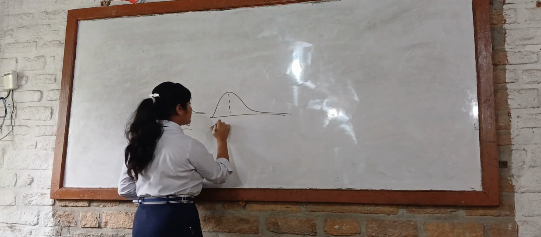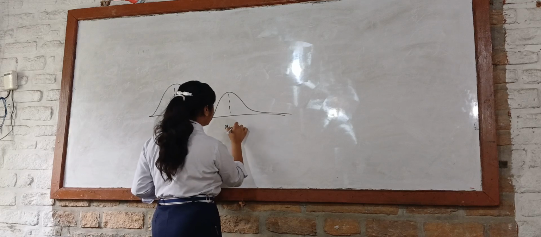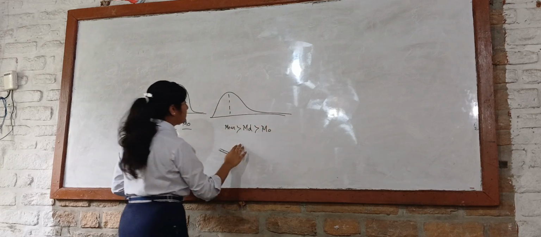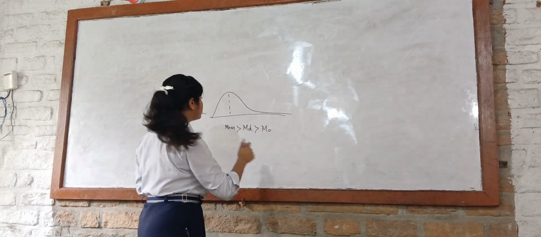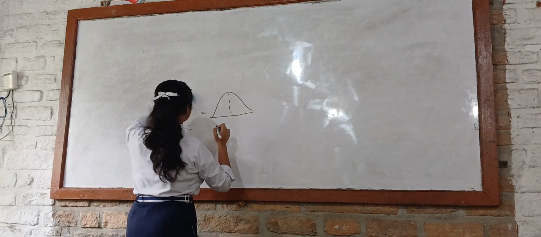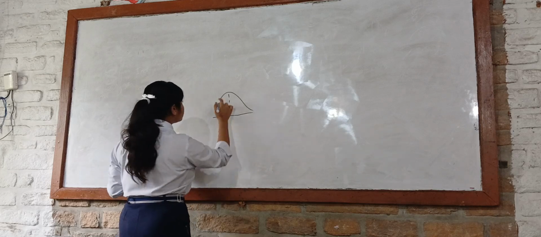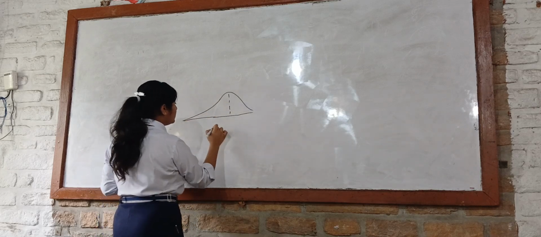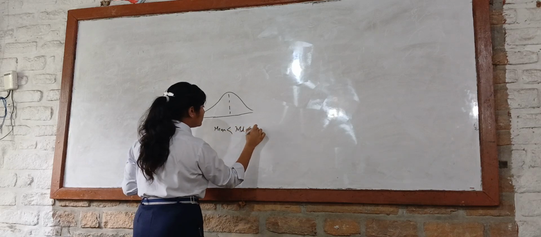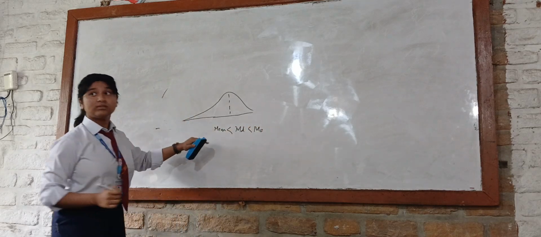So here the condition is shown as mean is greater than median greater than mode. Likewise for negative skewness, the tail has to be drawn longer to the left side. Here the mean will be less than median, less than mode. So this is for the skewness.